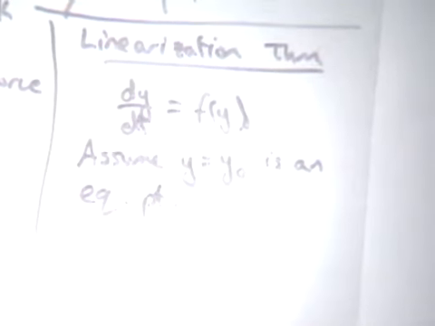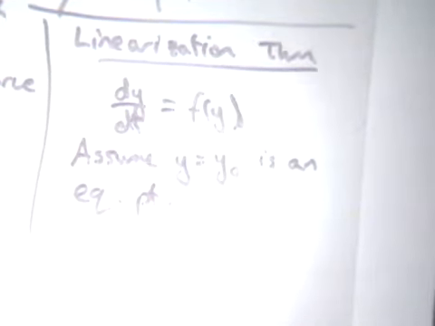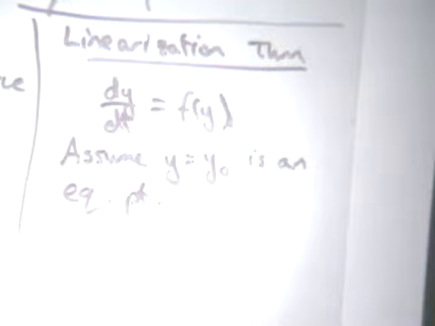Equivalently, y equals y sub 0 as a constant function would be an equilibrium solution. So y0 is a root of the function on the right-hand side. We want to know, on the phase line, is y0 a sink, source, or perhaps a node?